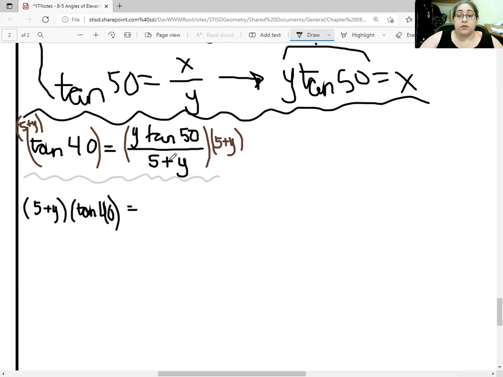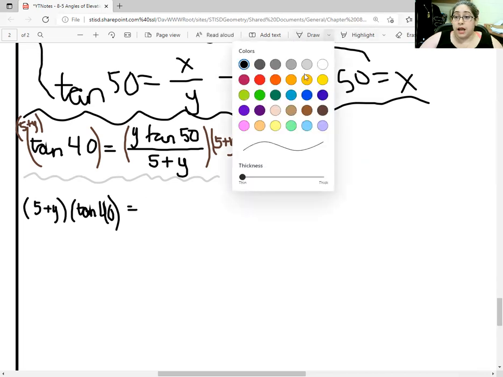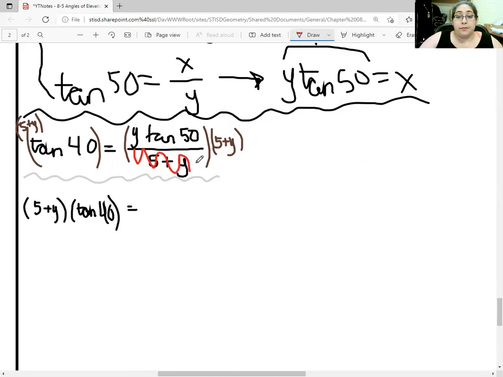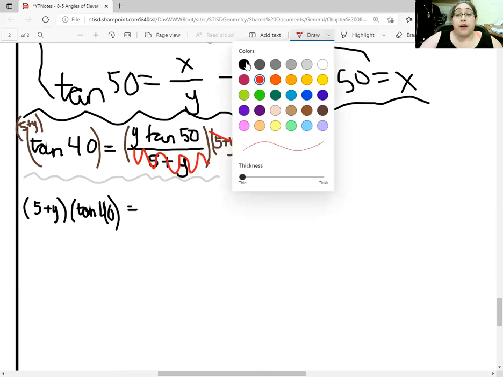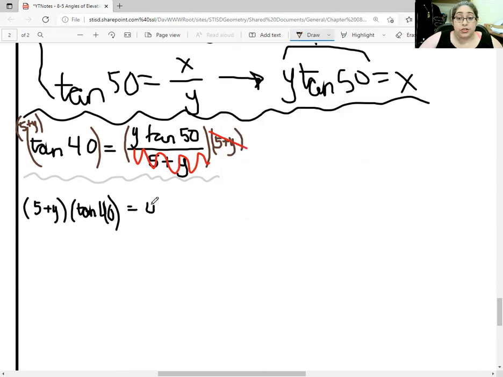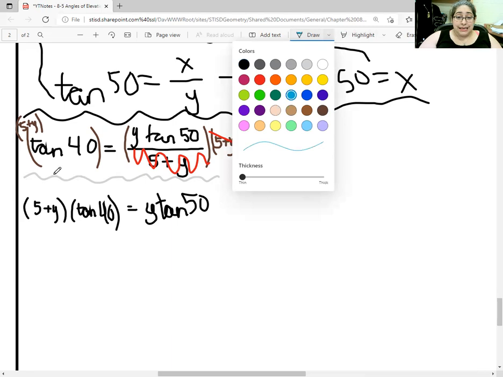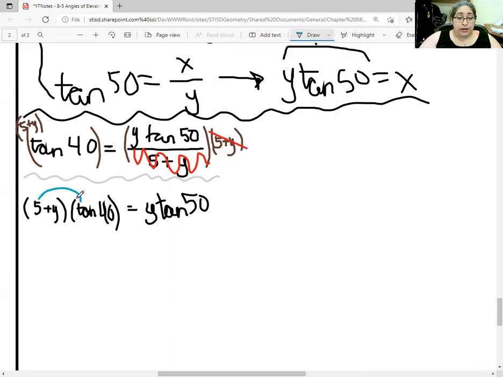And that equals, over here on this side, the divide by 5 plus y cancels with the multiply by 5 plus y, and it leaves me with just the numerator, y times the tangent of 50, all by itself.